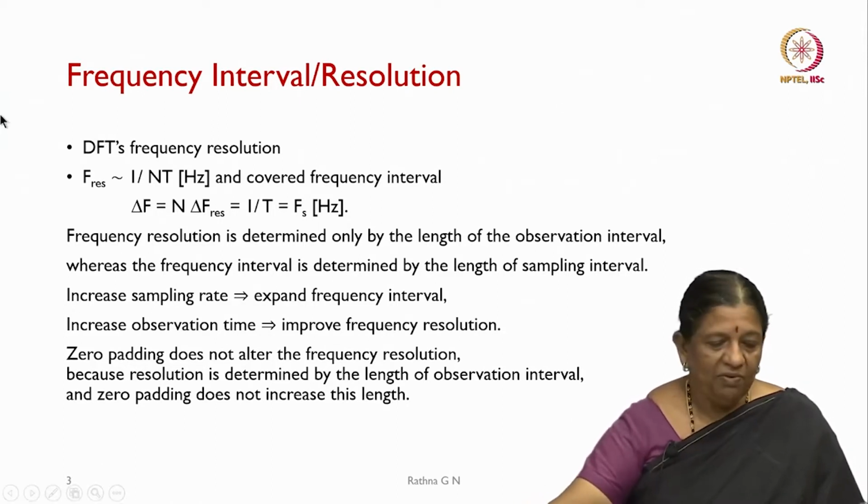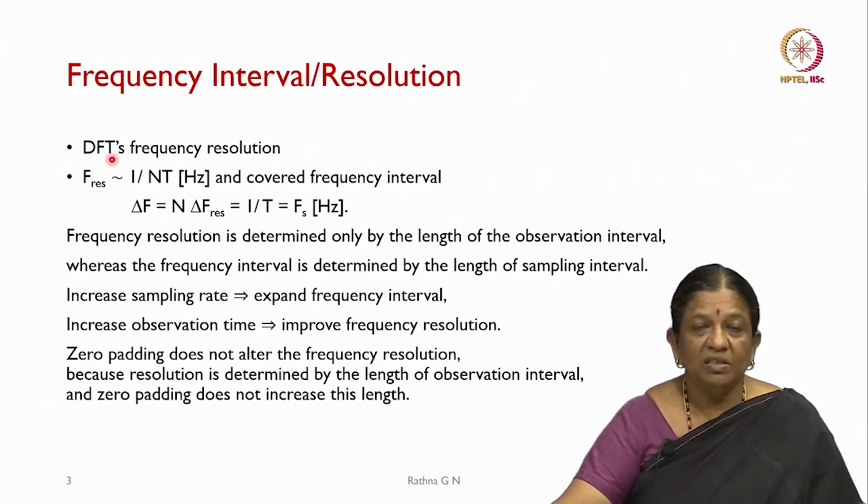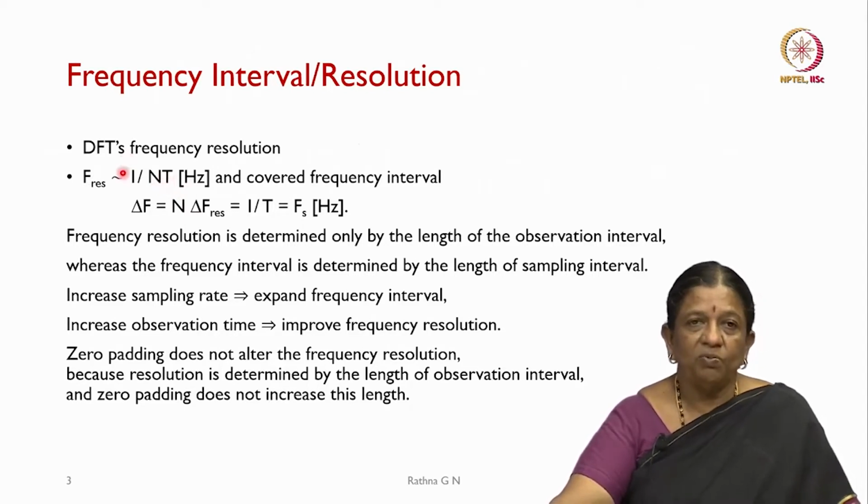So, what we have here is how to check the frequency domain resolution. We call Δf the resolution, which is approximated as 1 divided by N times T, in hertz. T is the sampling period and N is the number of DFT points we will be taking.